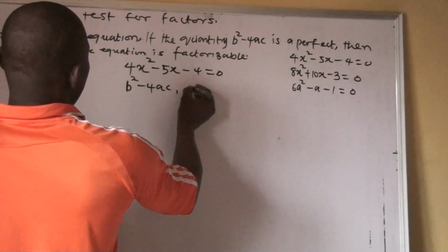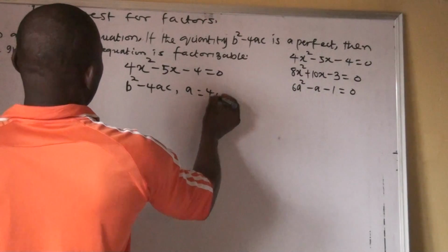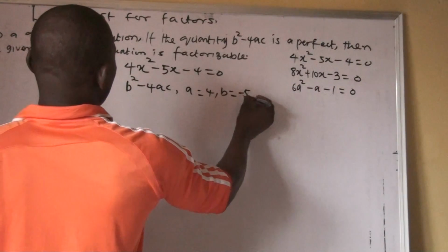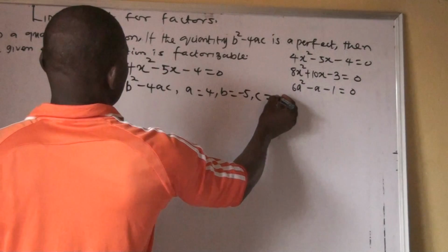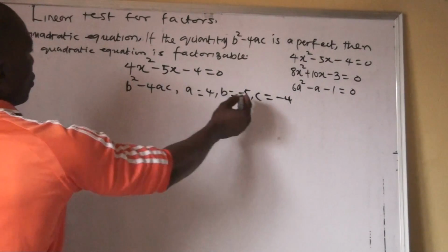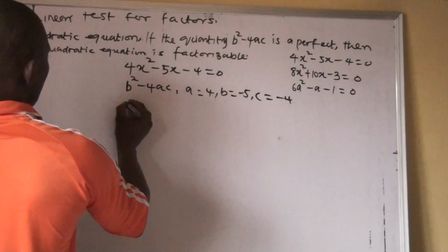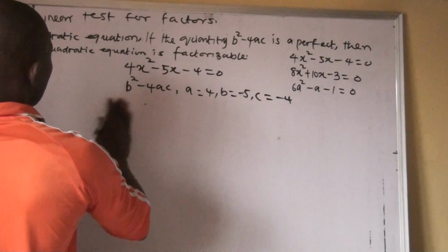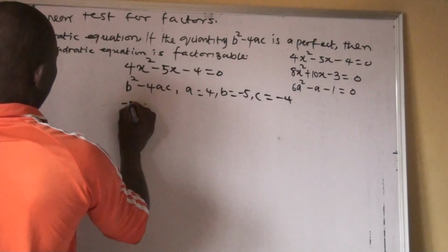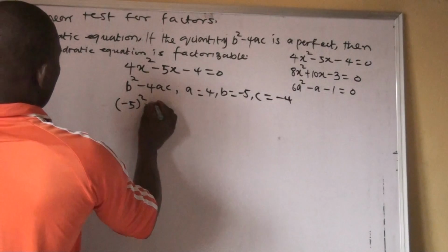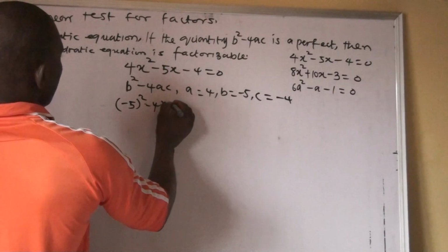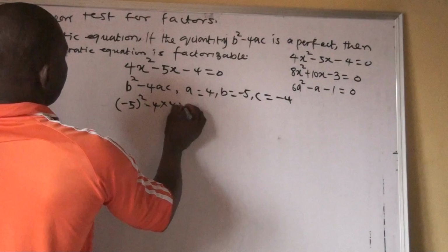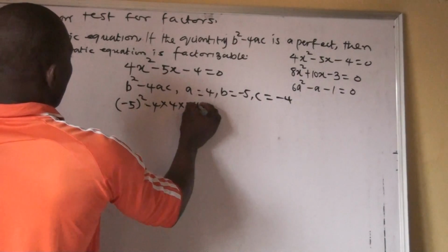Here, our a is 4, b is minus 5, and c is minus 4. So b squared minus 4ac, with a being 4 and c being minus 4.